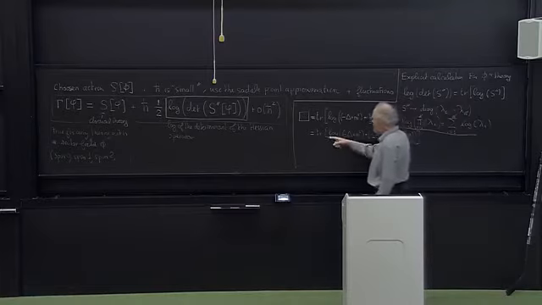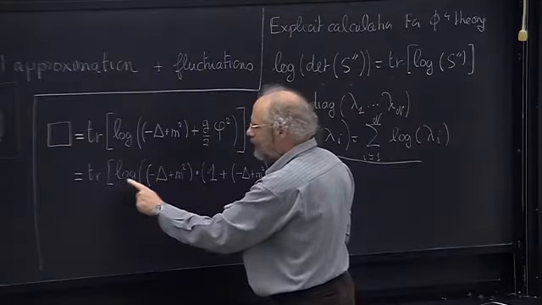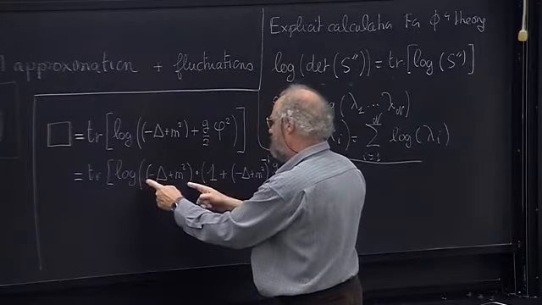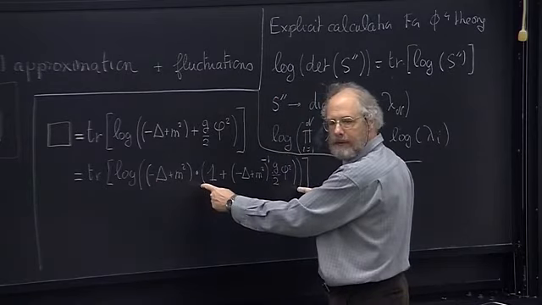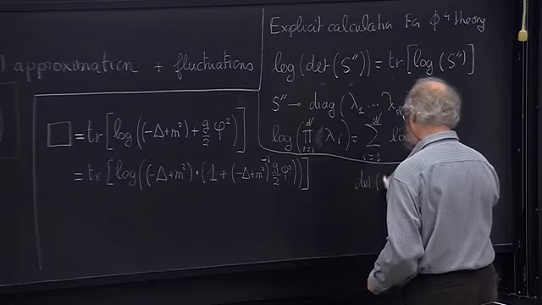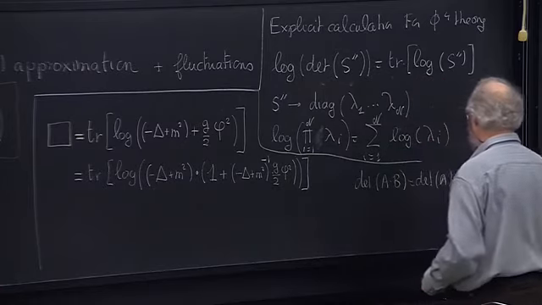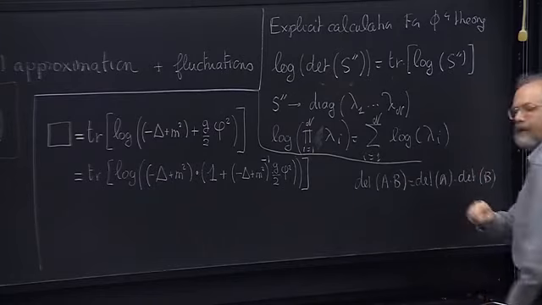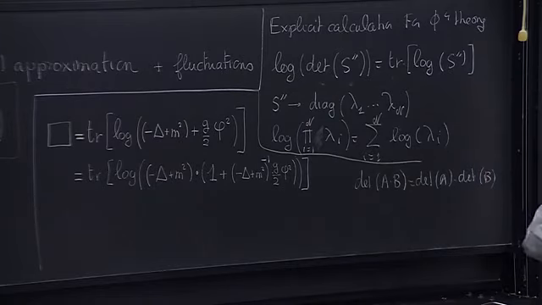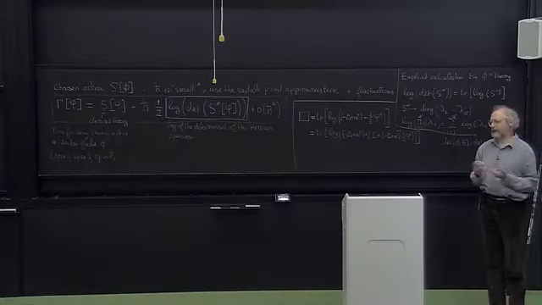And then we are going to use the fact that, remember, the trace of the log is the log of the determinant. So here we have the log of the determinant of this operator times this operator. But we also have the formula that the determinant of two operators, or two matrices, is a product. So even if the operators do not commute, the determinant of a product is a product of determinants. It's a general fact.